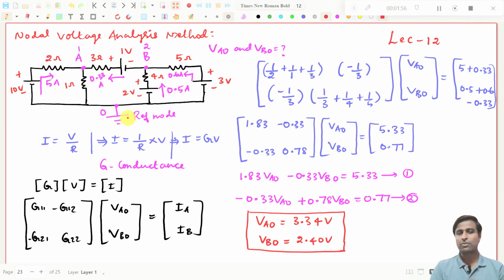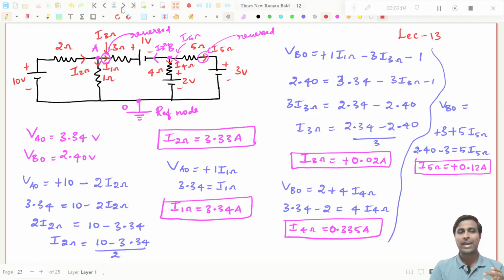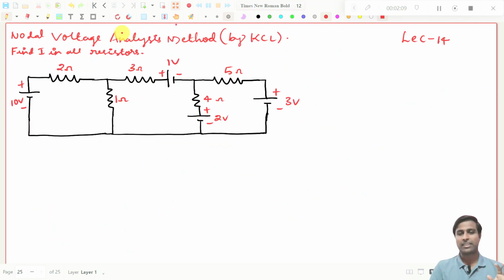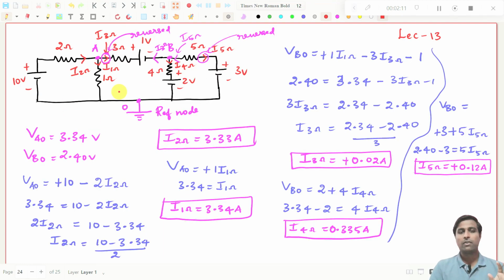Here we have a reference node O. With respect to O, we need to find VAO and VBO. If you find VAO and VBO, then it is very easy to find the current in all resistors. That is what we have seen in lecture number 13.